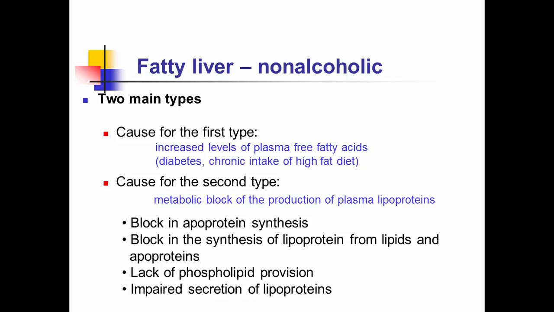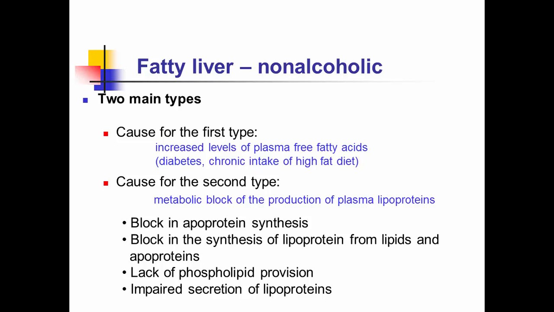Here we actually have two different types of fatty liver. One is called non-alcoholic, and the other is alcoholic. Non-alcoholic means that it is caused by reasons not related to alcoholism, right? So there are two types of non-alcoholic fatty liver.